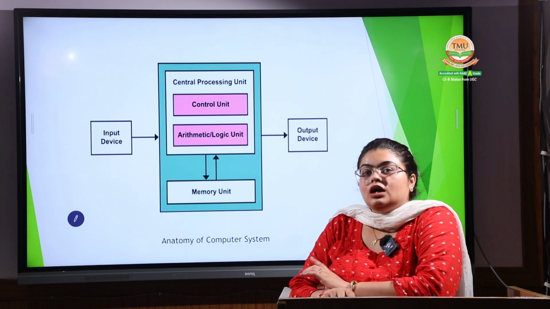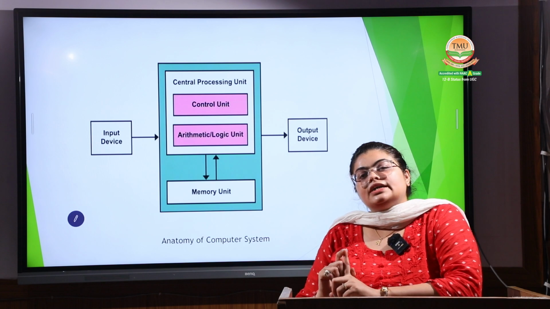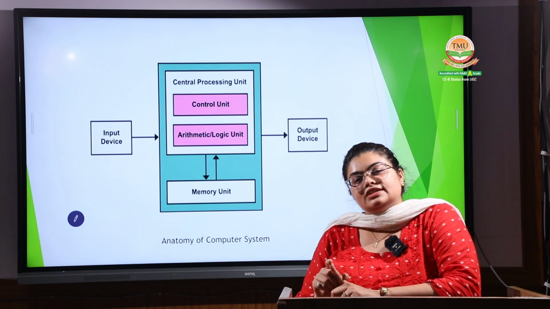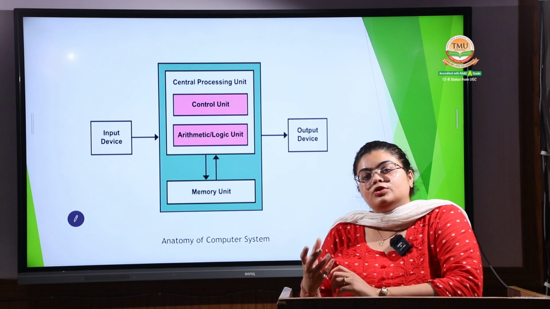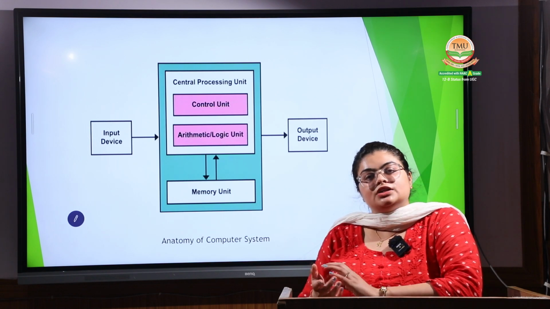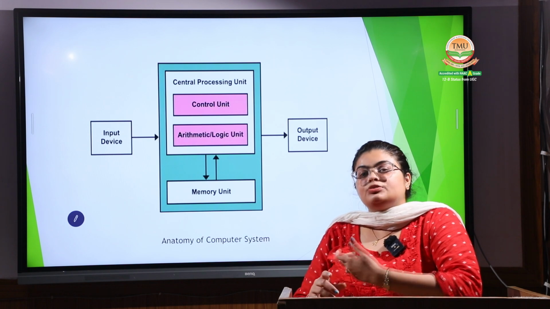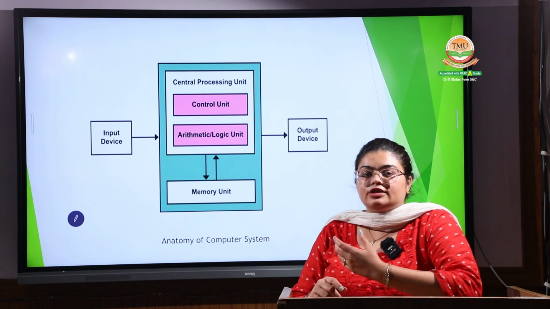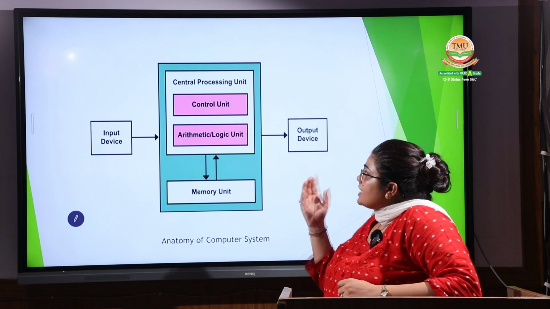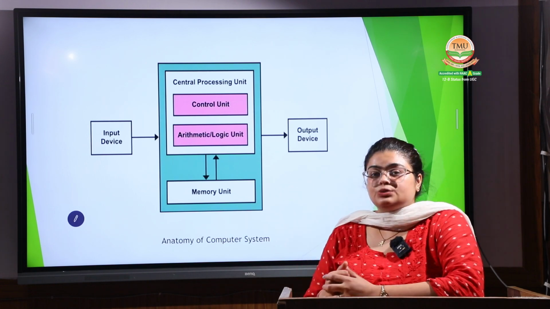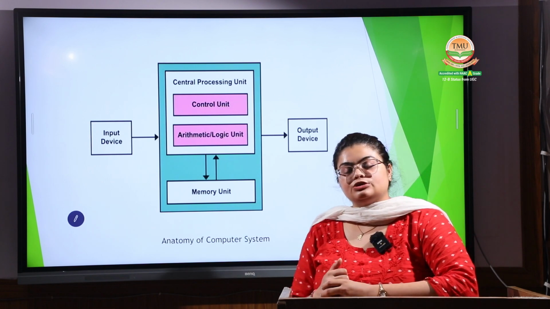So first of all, in the anatomy, there is the input unit, or we can say input devices. Input devices are the devices through which our input is taken in the form of data. So first of all, the data is taken by the input devices in the form of raw facts and figures, and after that it is processed by the central processing unit, which includes 2 units, that is arithmetic logic unit and the control unit.